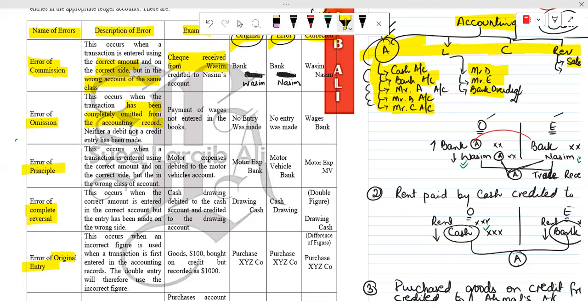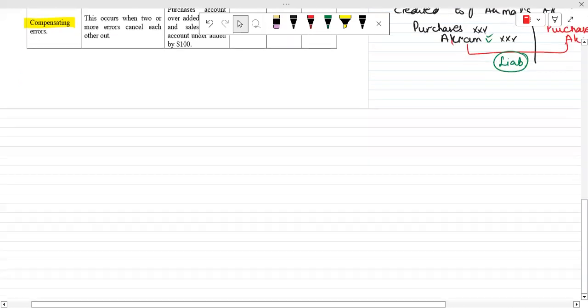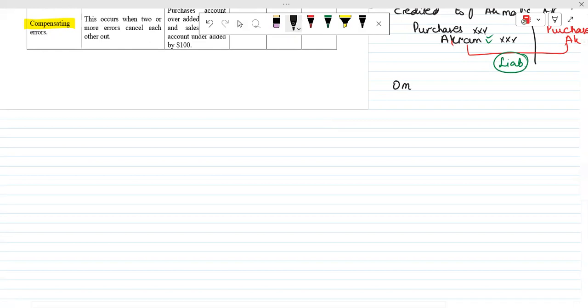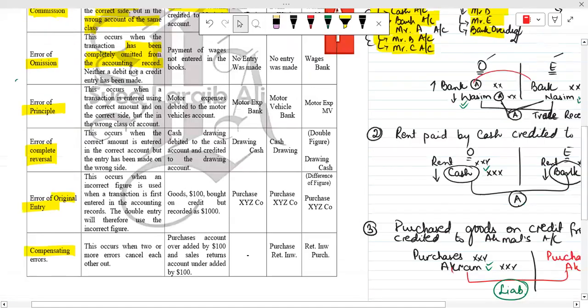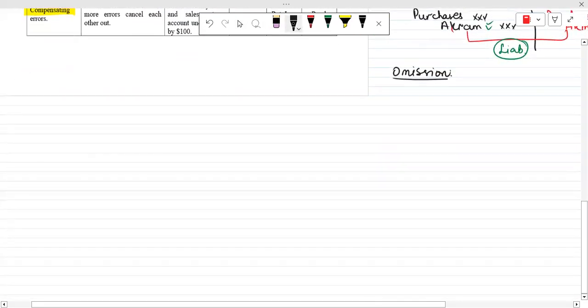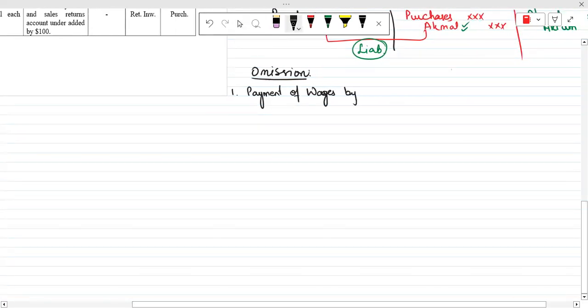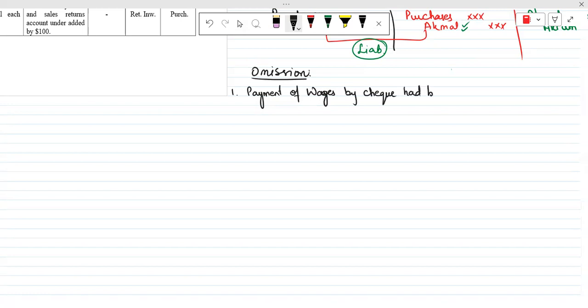So let's take an example. I'll give you the example here with error of omission. Now, the first transaction is, for example, payment of wages by check had been omitted from the books.